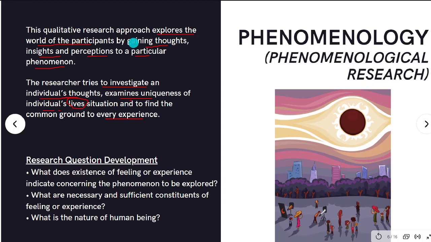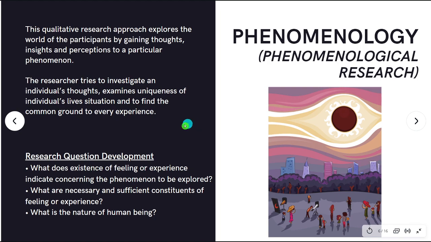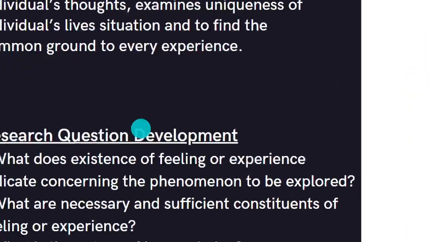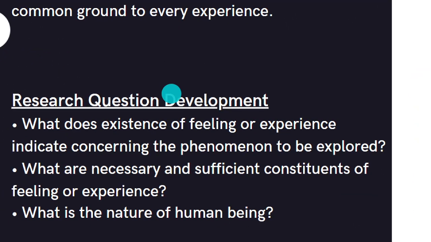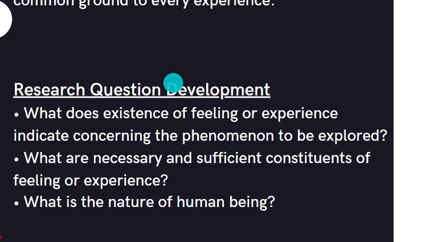Okay? So, medyo hindi pa siya clear. Let's double check kung ano yung mga questions na pinofocus ni phenomenological. So, research questions when it comes to phenomenological includes what does existence or feeling or experience indicate concerning the phenomenon to be explored?